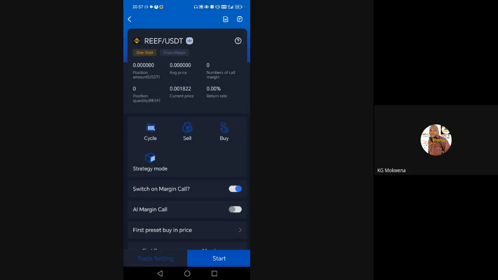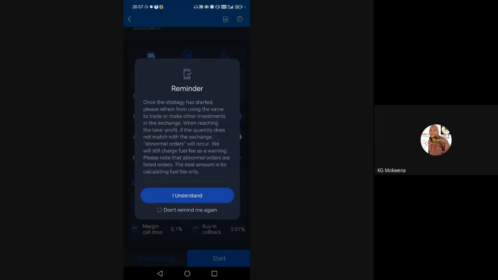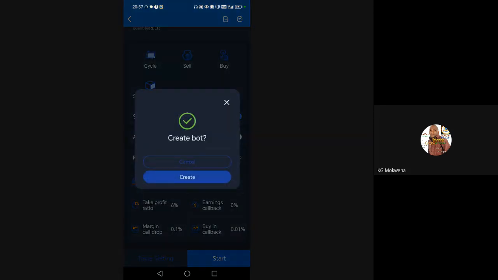So now the strategy settings are okay. You can just slide upwards so that you see the settings at the bottom. Can you see the first buying amount is $12, a margin call limit equal to your take profit ratio, the 6 that you desired is there. Now click start. I understand, yes. And then create.